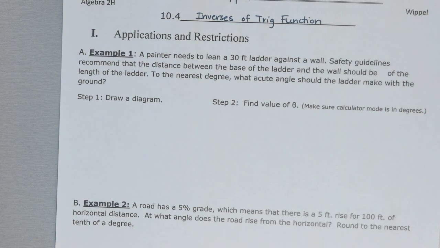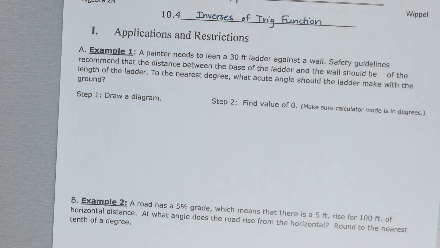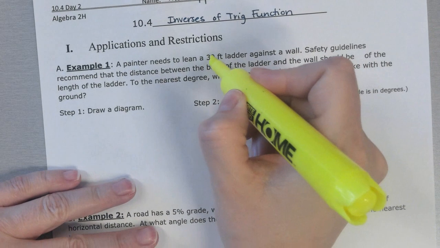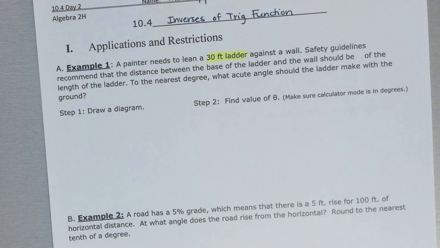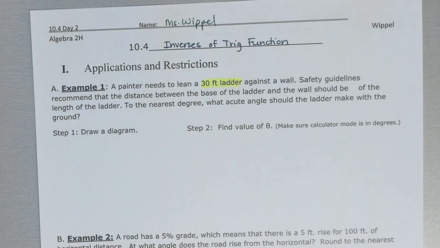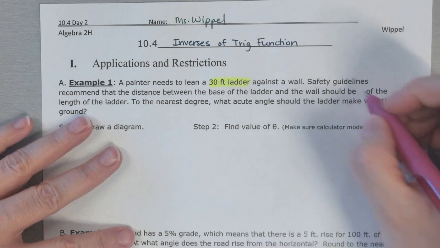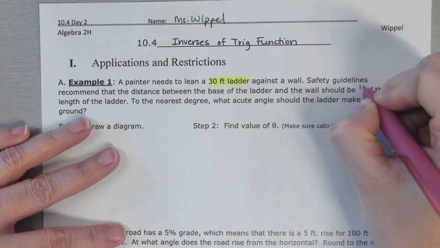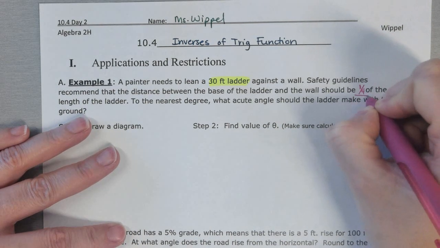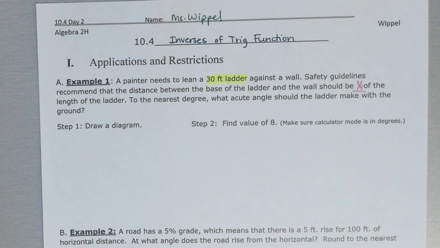In the first example, we're going to do an application. So we have a painter who is leaning a 30-foot ladder against a wall. The safety guidelines recommend that the distance between the base of the ladder and the wall should be, and then you guys are going to fill in, 1/4 of the length of the ladder.